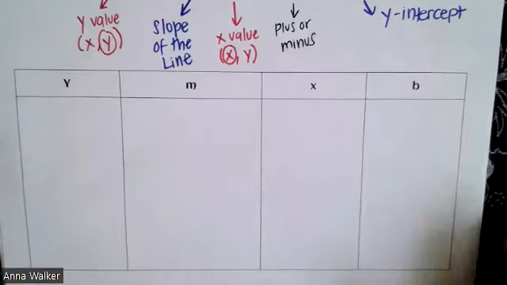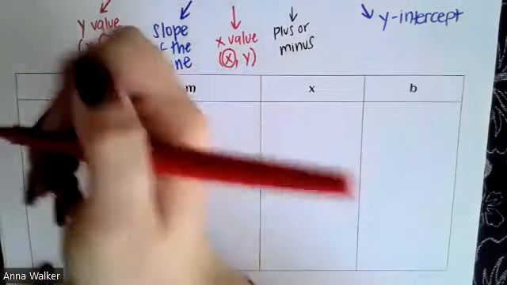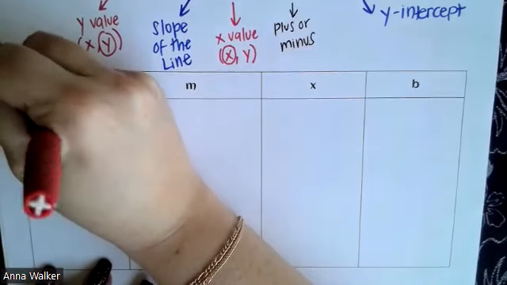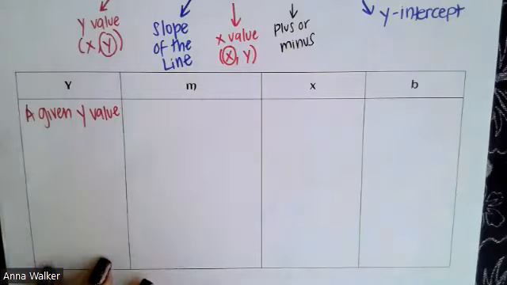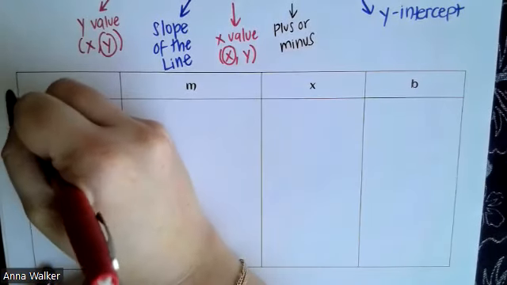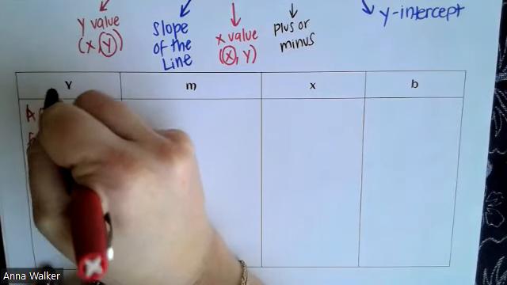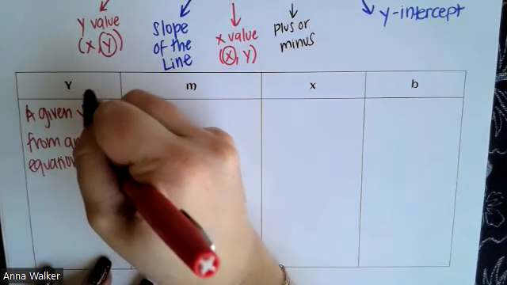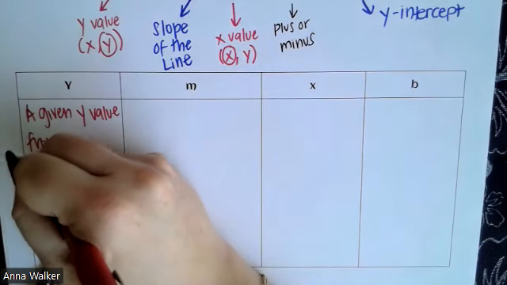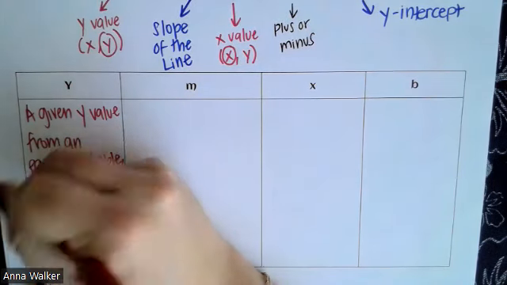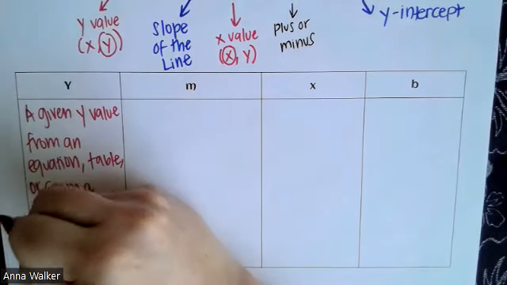So let's start with the x and y values, okay? So y is a given y value from an equation, or it could be from a table, one of those XY tables, or from a point on a graph.